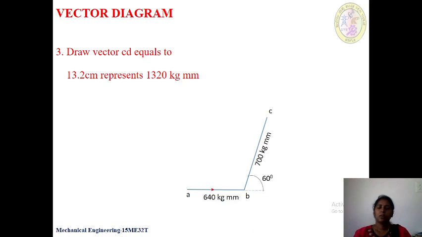Now we need to draw from C to D. From C, taking the reference, measure an angle of 135 degree, and on that 135 degree draw a line that is equal to 13.2 centimeters which represents 1320 kg/mm.